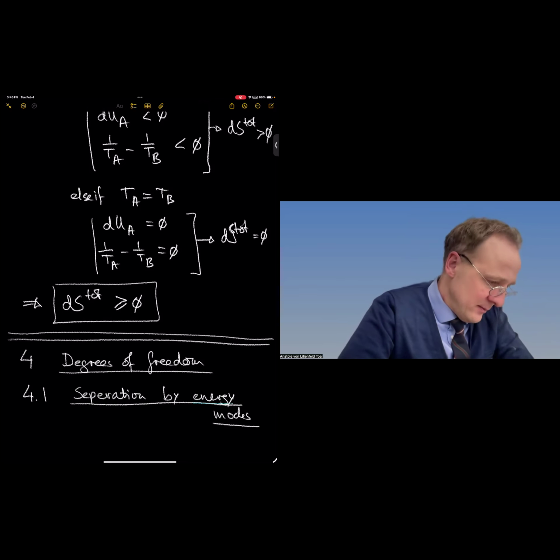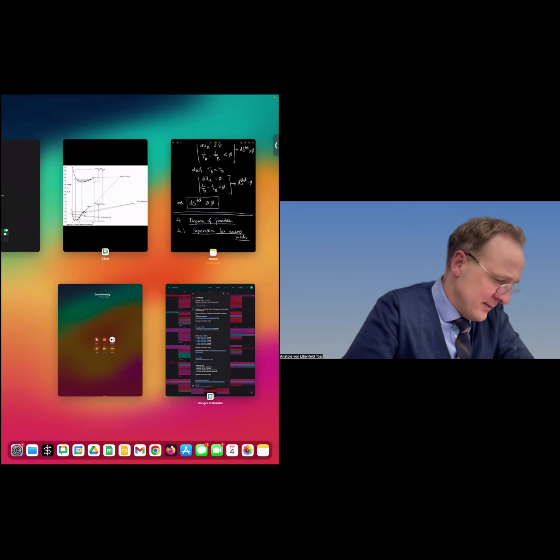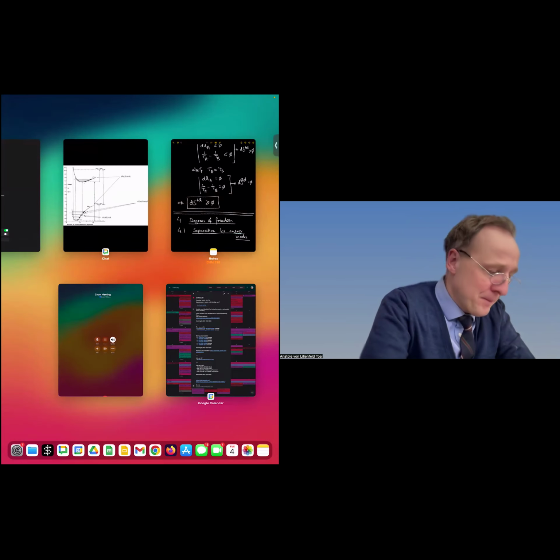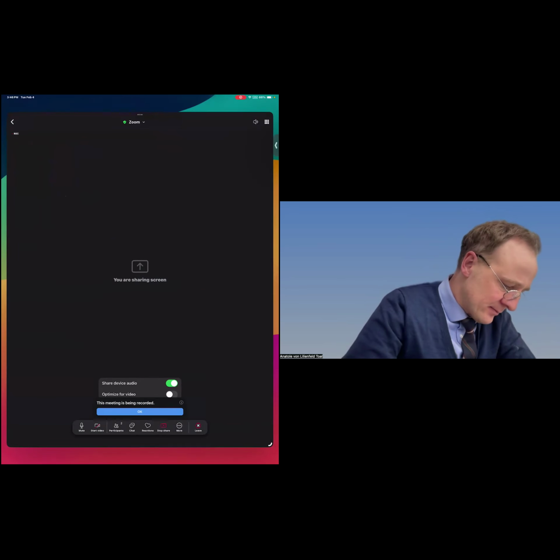And I'd like to show you a little graphic where I'm now sharing a different figure.